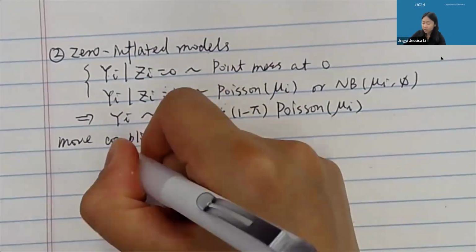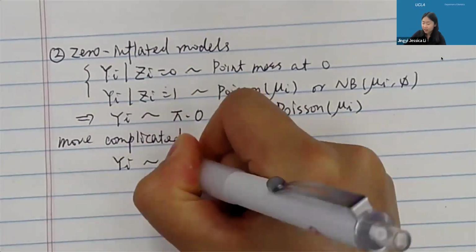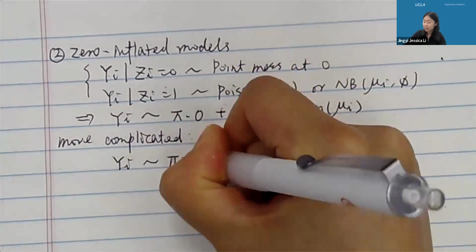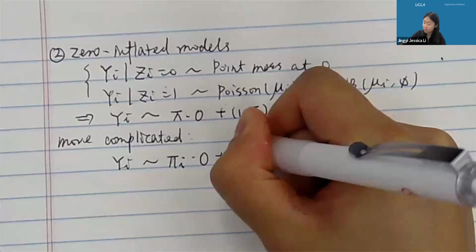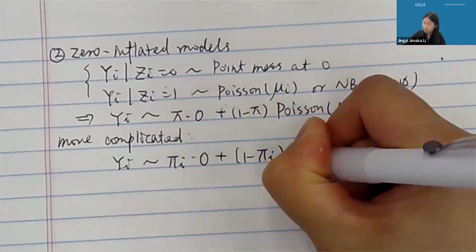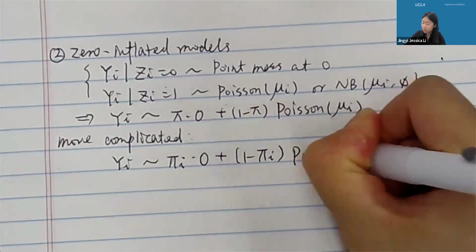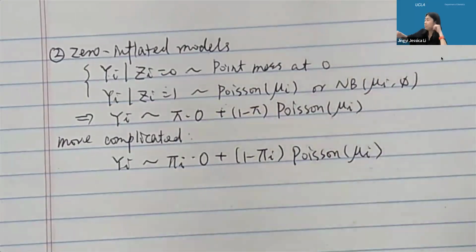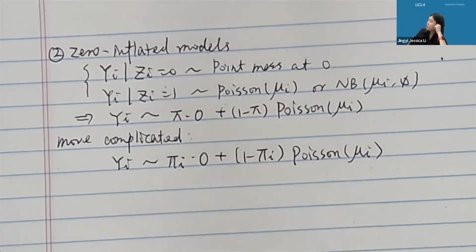So you can have yi following pi_i at 0 and 1 minus pi_i Poisson. So both pi and mu become i-specific. But we cannot afford to estimate so many parameters, so we need to make them less free, to have fewer degrees of freedom.